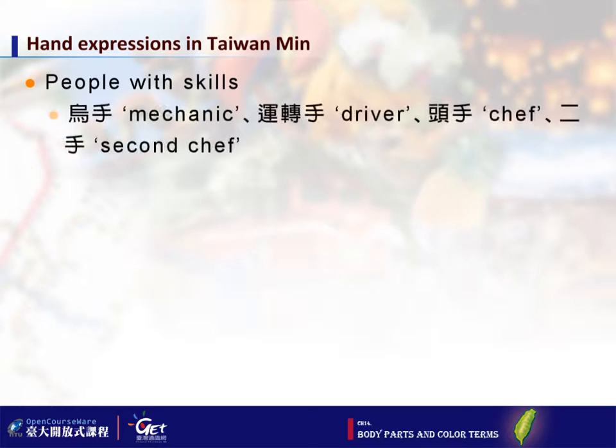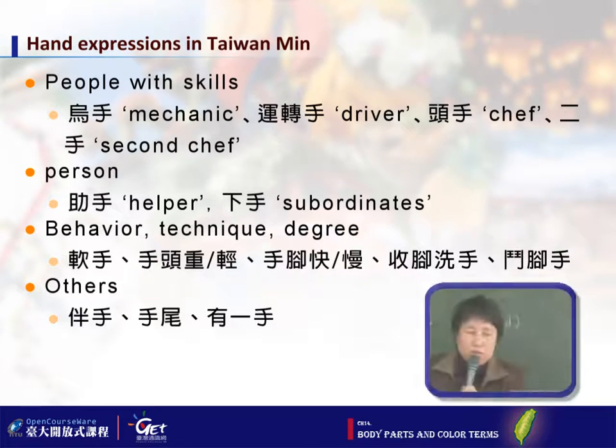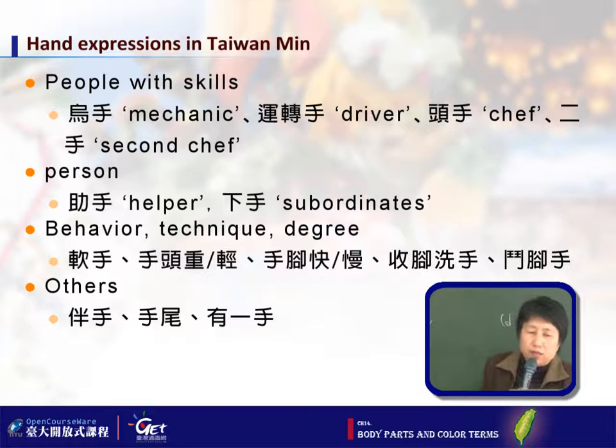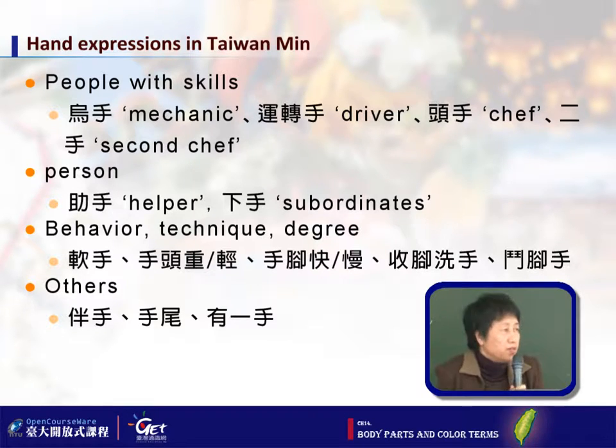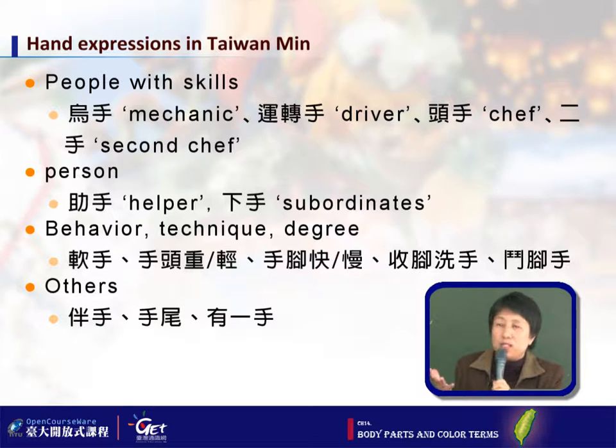More of that in Taiwan, the language spoken here in Taiwan, there are also hand expressions with very diversified meanings. People with skills, as in Mandarin Chinese too, you say "or chu," meaning black hand. That refers to mechanics because their hands are always black.